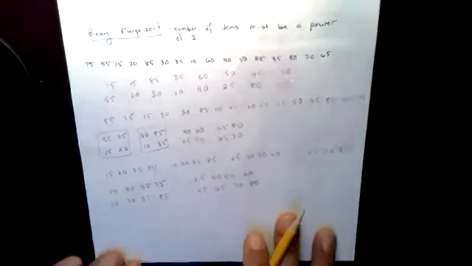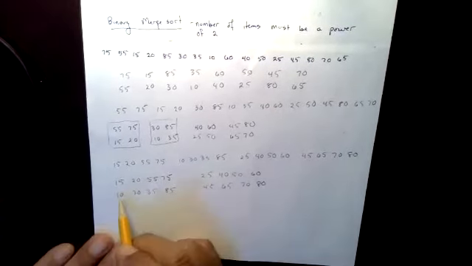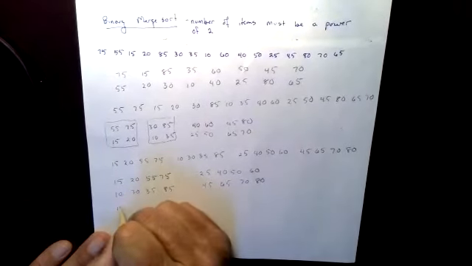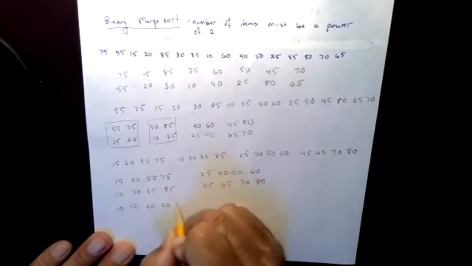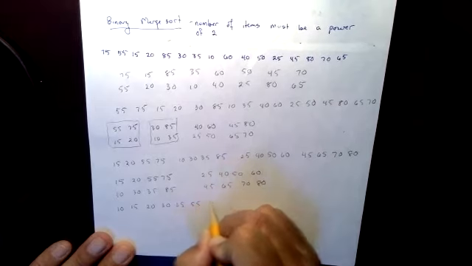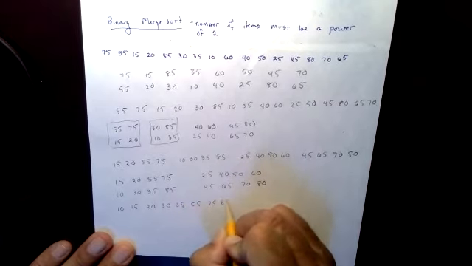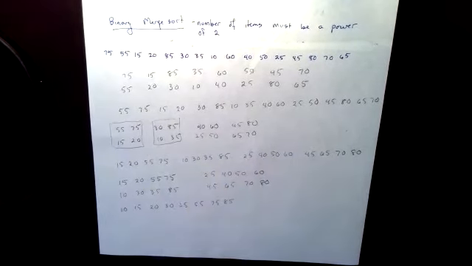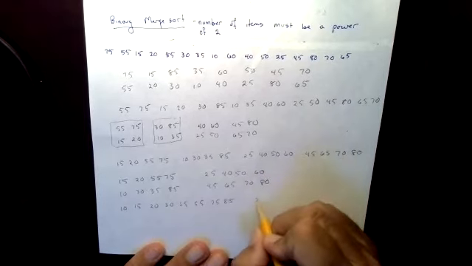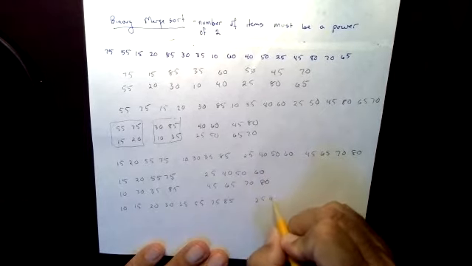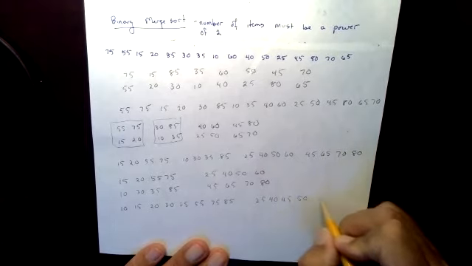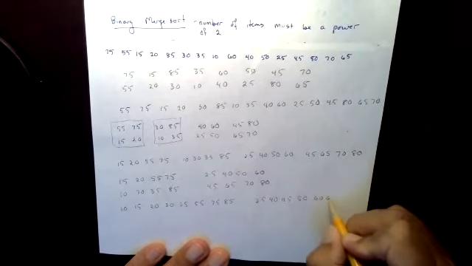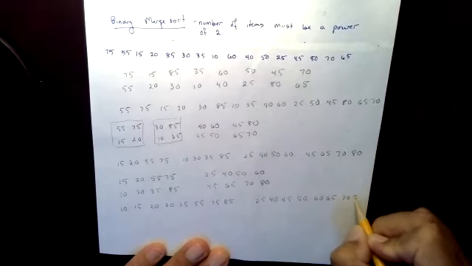And finally, I'm going to have 2 groups of 8. I'm going to have 10, 15, 20, 30, 35, 55, 75, and 85. So I merged groups of 4: 25, 40, 45, 50, 60, 65, 70, and 80.